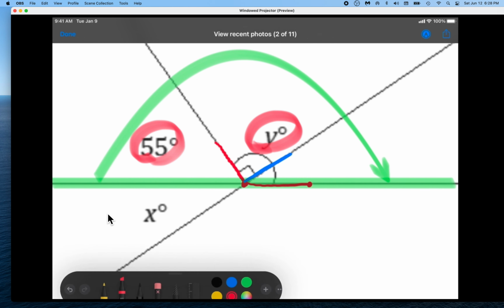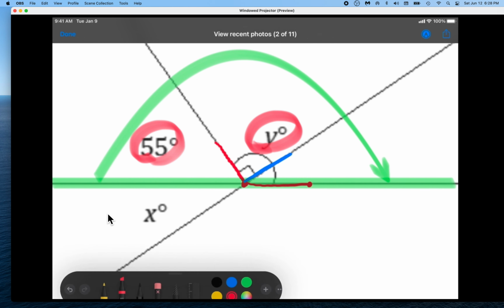Now, if angle Y is 125 degrees, and don't forget, angle Y goes from red to red. And if this distance here is 90, then what is this angle here?